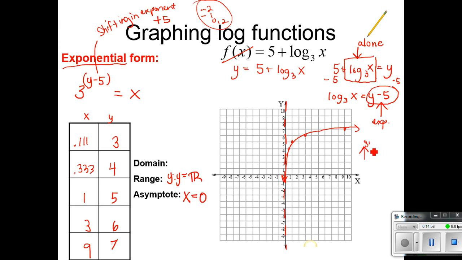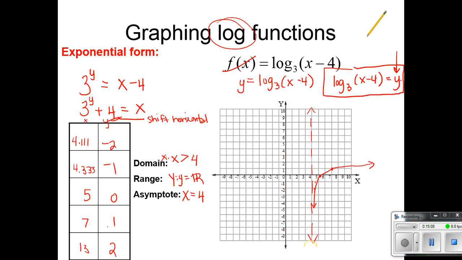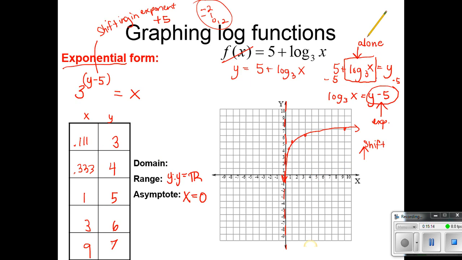My shift went up. So see, because I shifted in the y, it went up. When I shifted in the horizontal, it moved left and right. Okay, so shifting is still going to happen, and that's kind of important.